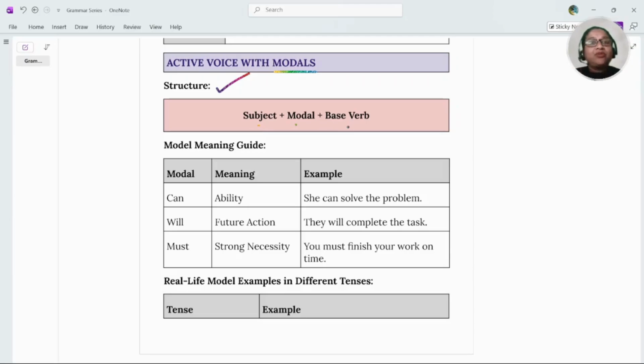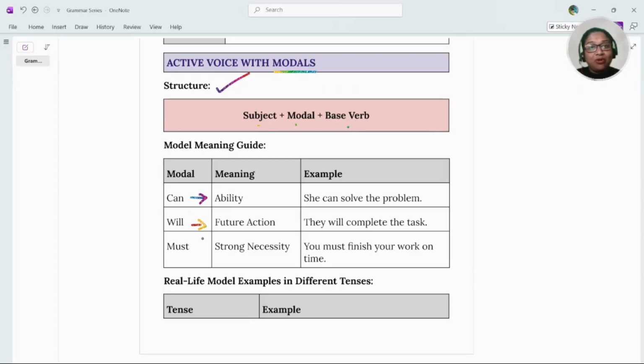But we truly, as humans, need to understand how these modals, these particular words, affect the meaning of the sentence. How do they affect us? If you look at the screen, can is basically used when you're talking about the ability of a particular person. If the person is able to do that or not, ability. Will is used in reference to any future action or something that can take place in the near future.